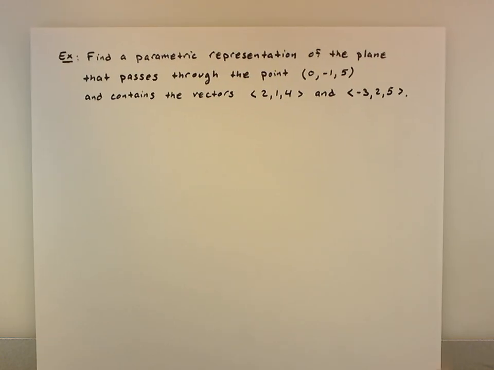Find a parametric representation of the plane that passes through the point 0, -1, 5, and contains the vectors 2, 1, 4 and -3, 2, 5.